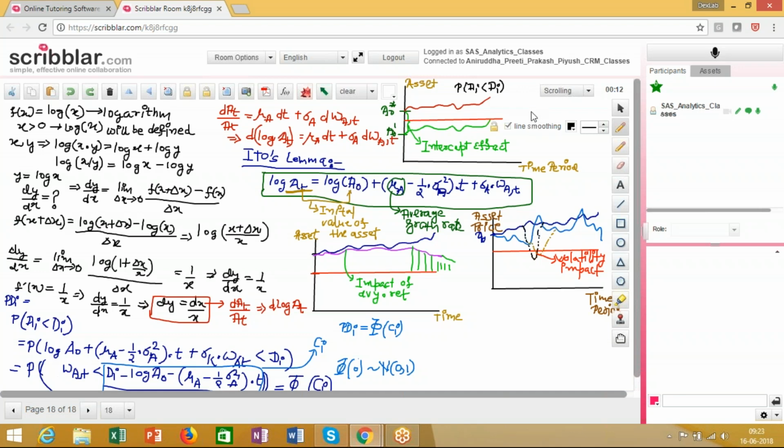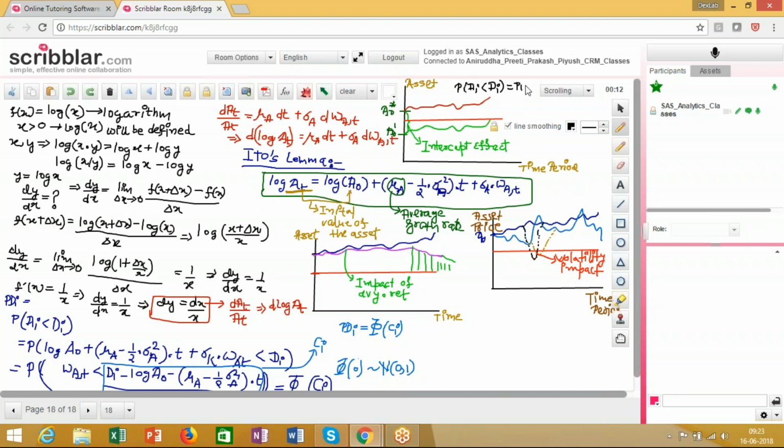Right? So there is a probability of AT being less than DT. This is precisely what we want to identify. This is what the probability of default is all about.